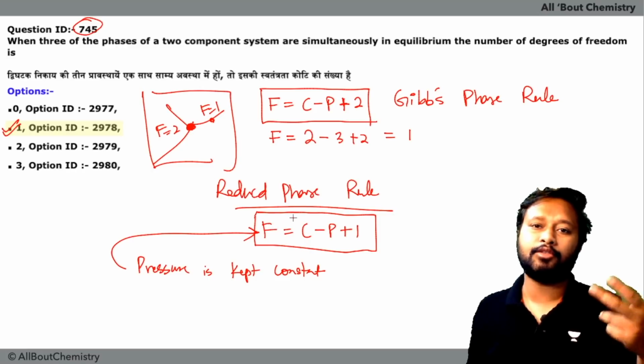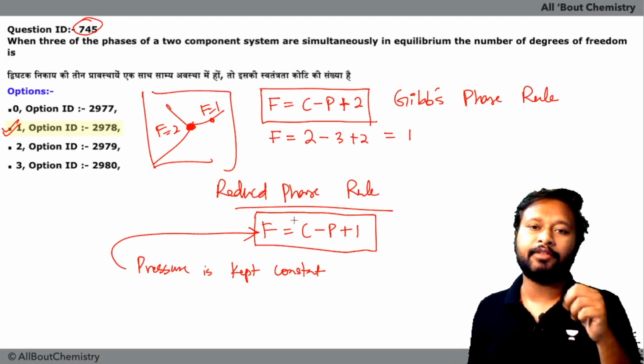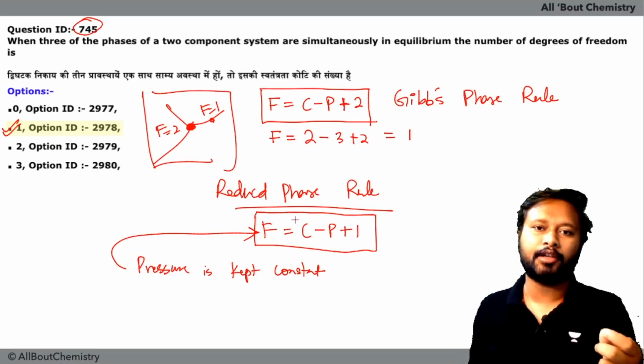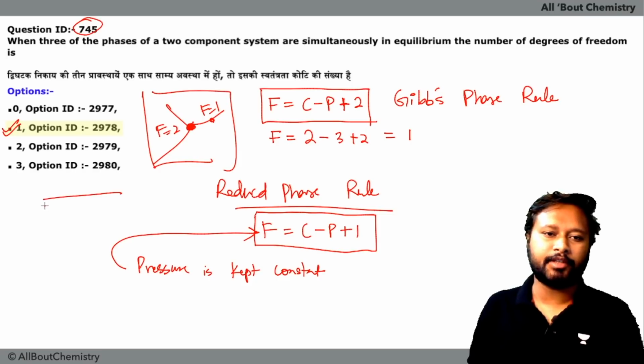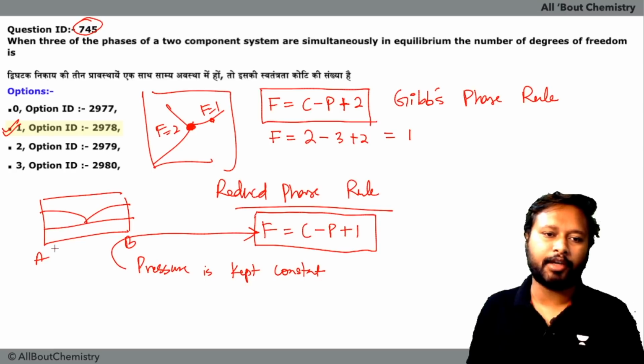But in the two component system, you have three variables. What are those three variables? Temperature, pressure, and the third variable is composition, meaning mole fraction. That's why wherever you have seen the two component system, it starts from A and B, and it goes something like this. You get a eutectic point, and here A is 0%, here A is 100%, and so on.